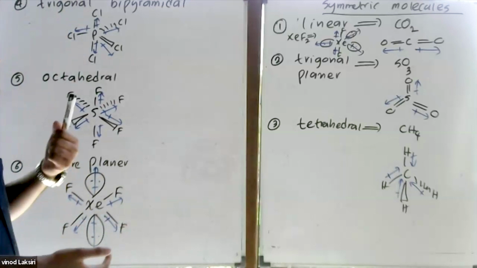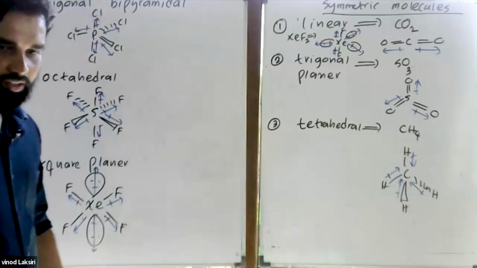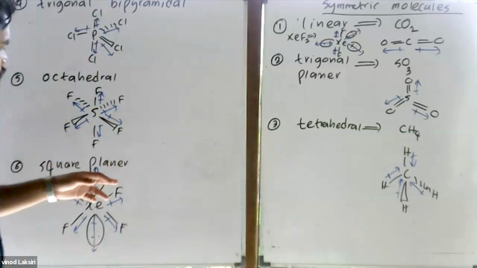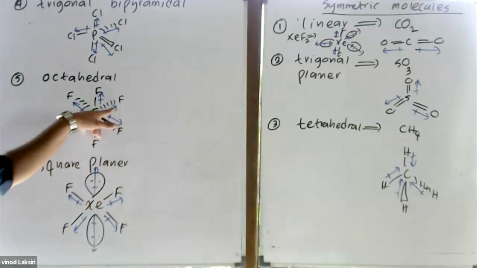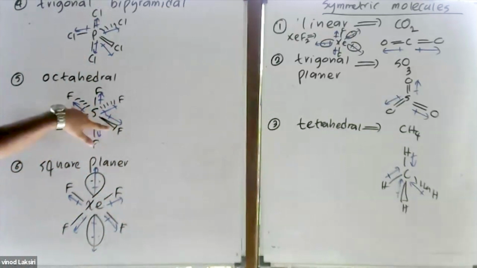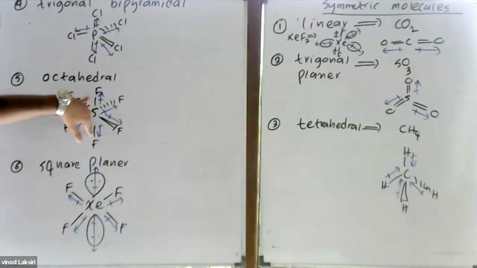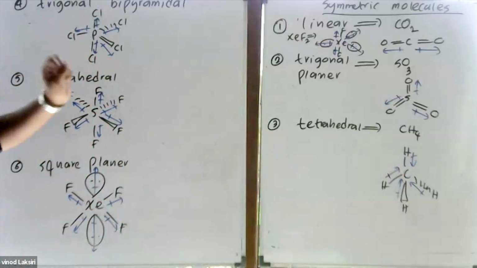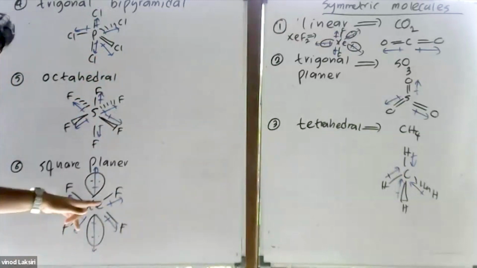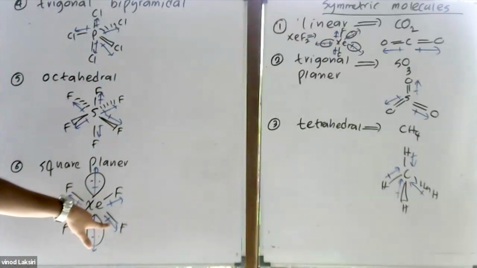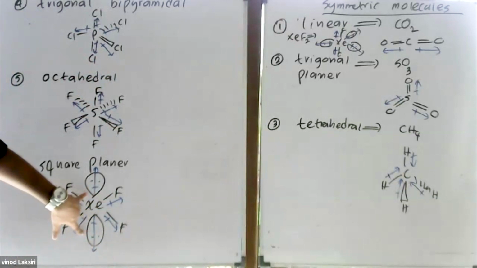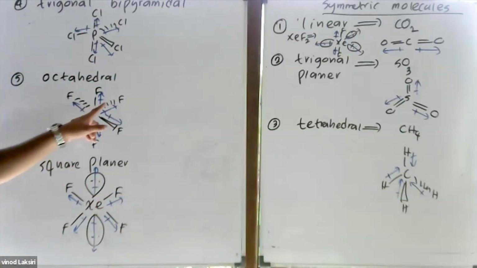You can remember. Otherwise, by drawing the structure, you can simply understand, right? Here, this one and this one cancel. Both are the same and opposite. Then all are cancelled, so the net dipole moment is 0. And what is the meaning of this?